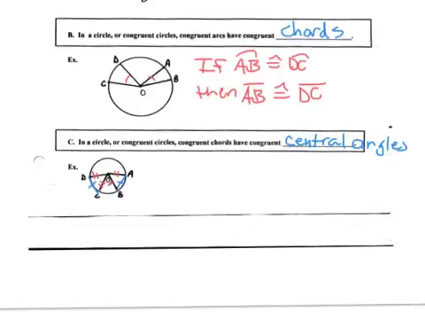So that triangle congruence is side, side, side, and then again we can get the central angle congruent by CPCTC. So congruent chords create congruent central angles and congruent arcs, and they all kind of work together.